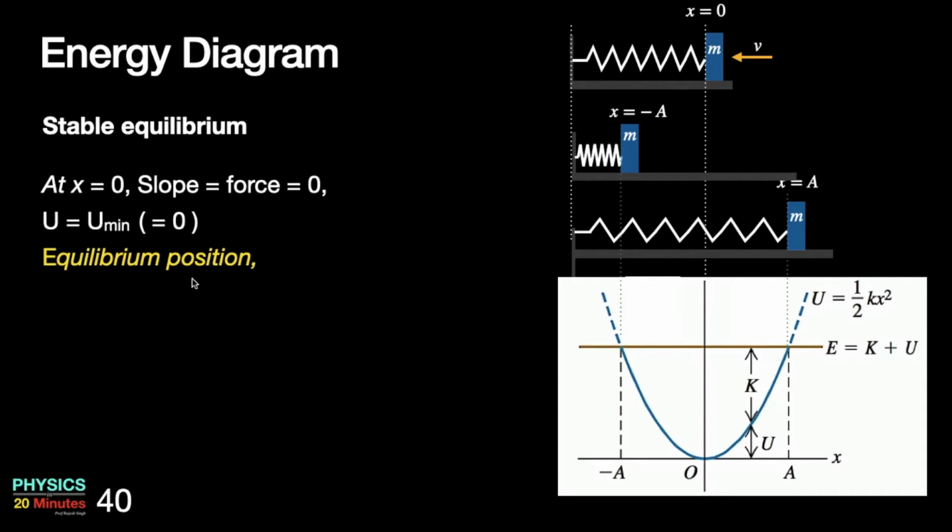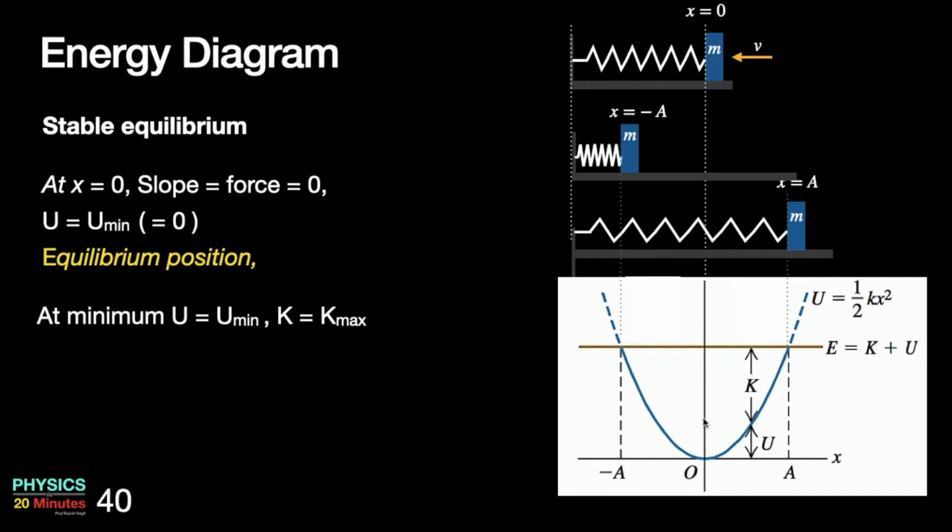Now why do we call it equilibrium position? A system is said to be in mechanical equilibrium if the net force acting on the particle is 0. Then this is the point or position of equilibrium. At this point, in this case the kinetic energy is maximum because your potential energy is minimum. The sum of k and u is total energy. Total energy is constant.